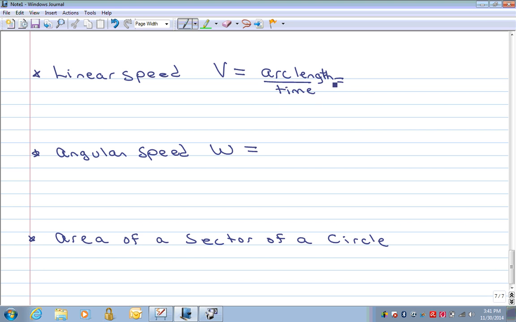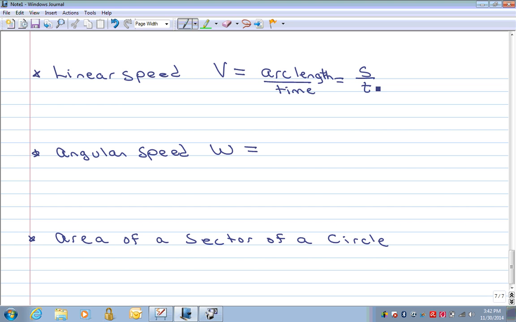And you know from earlier that arc length is represented by S, so S divided by T. But you need to keep this really in front of you. Until you use this enough, you really won't remember what these letters represent. So every time you write them down, write what their meaning is, and it'll help you.